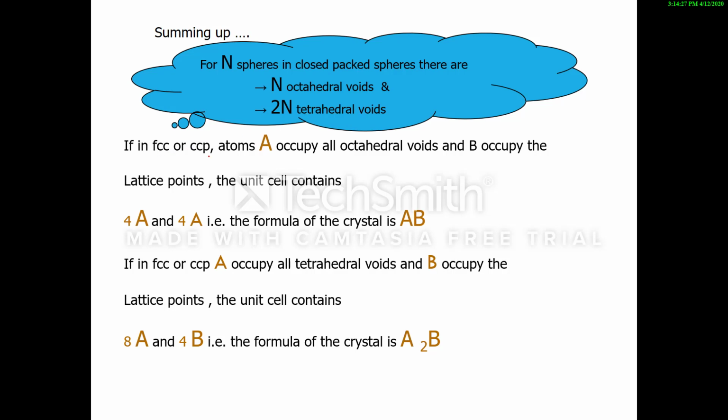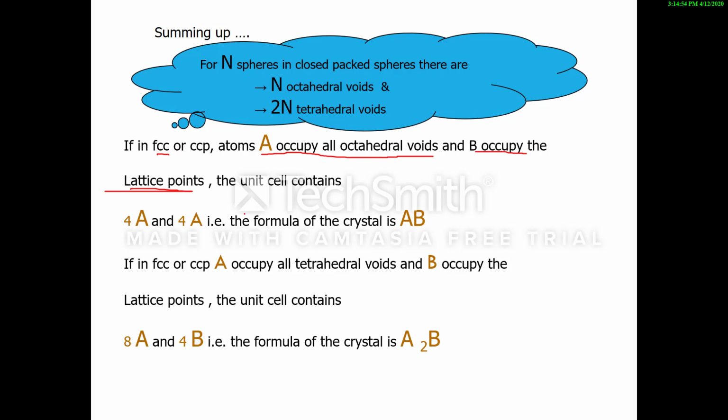So if in FCC or CCP atoms A occupy all octahedral voids, remember it, A atoms are present at the octahedral voids and B occupy the normal lattice points, that is the corners along with the face centers, since in case of FCC the particles are present at the corners as well as the center of each face.